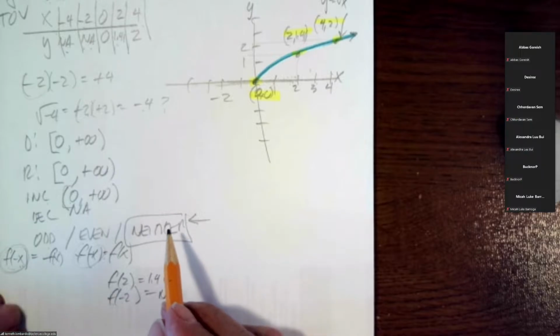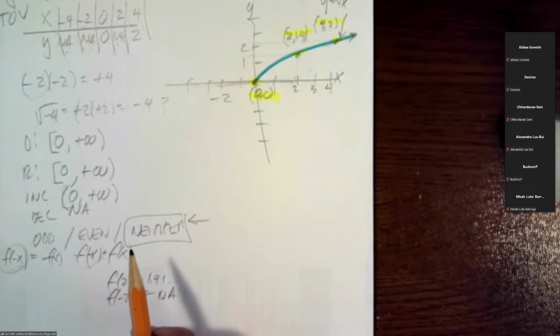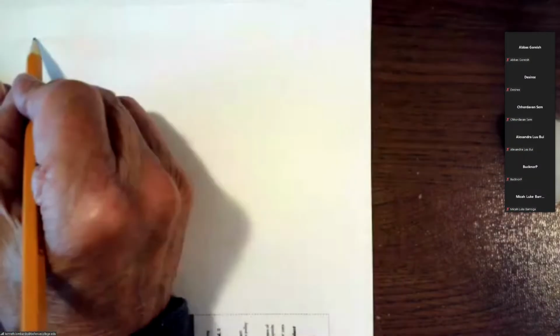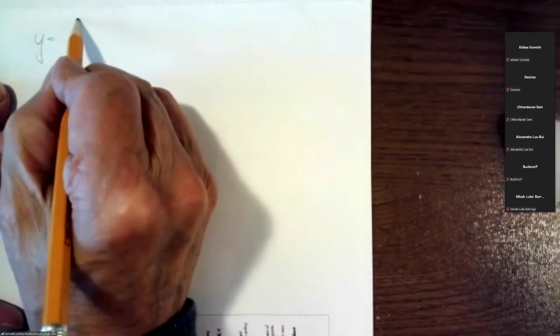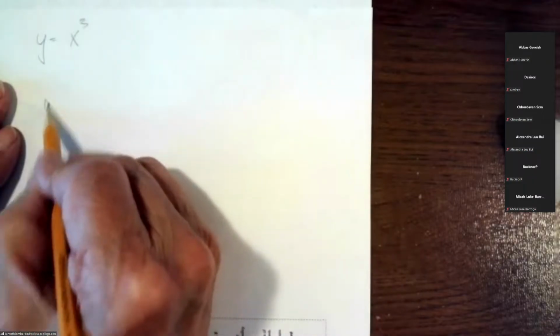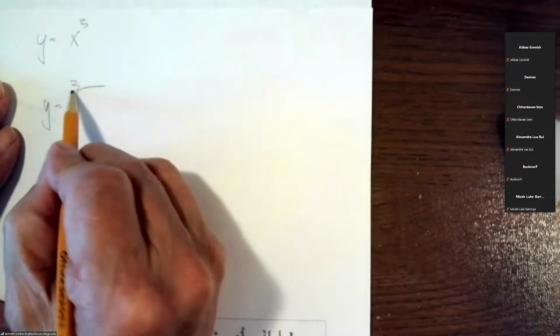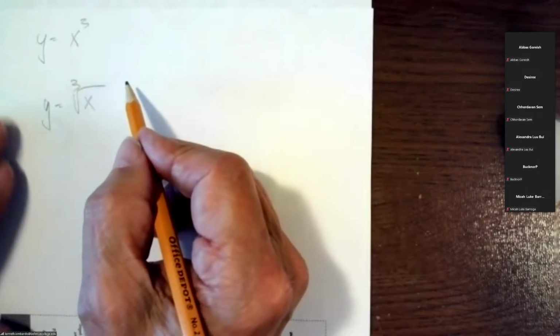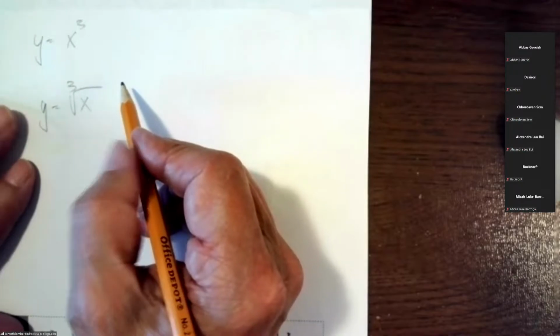Okay, questions? Okay. Now the same thing would apply to the cube values. If I say y equals x cubed or y equals cube root of x, we're going to get a similar situation.